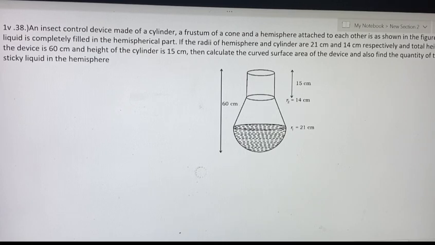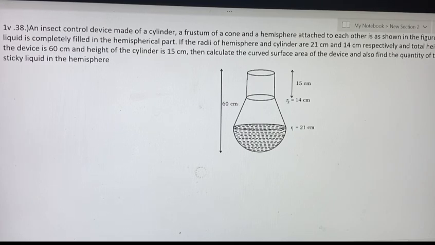An insect control device made of a cylinder, frustum of a cone and a hemisphere attached to each other is as shown in the figure. Sticky liquid is completely filled in the hemispherical part.